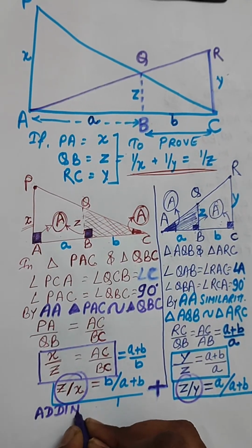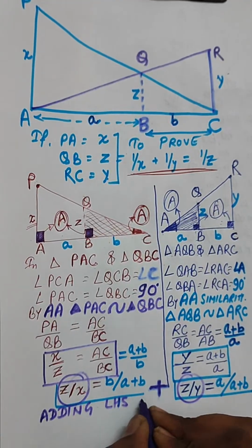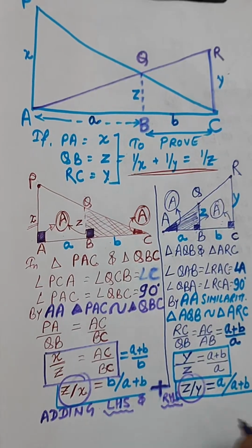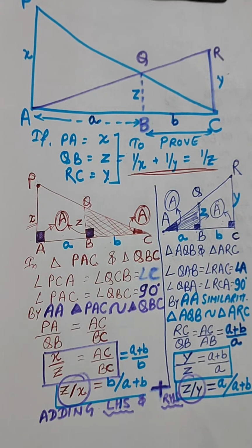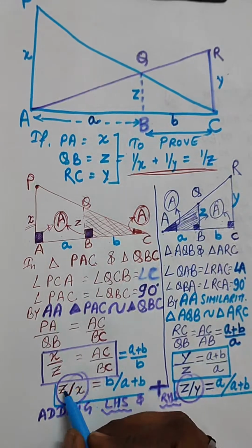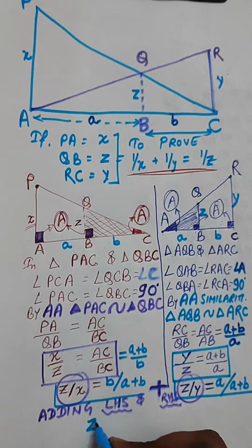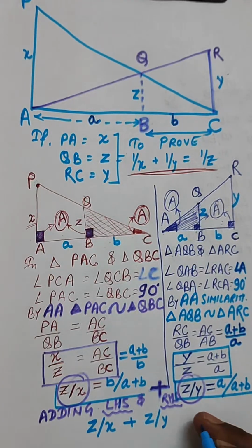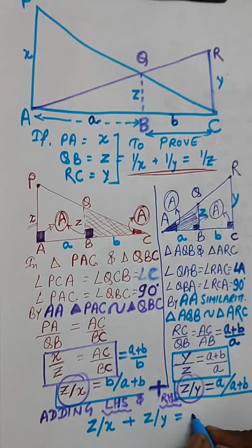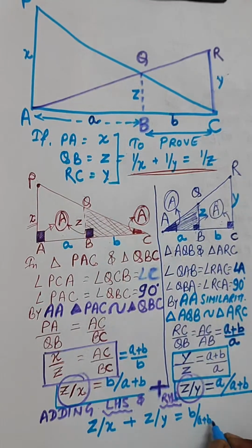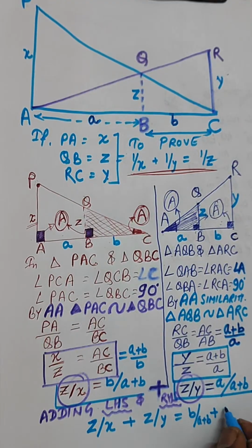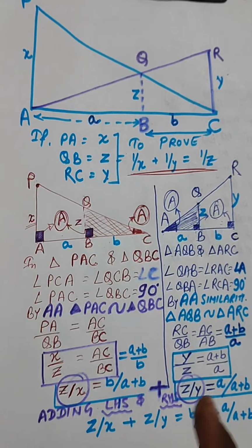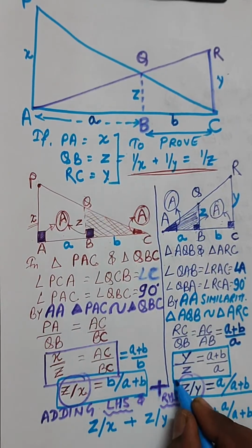Adding LHS and RHS, this will give you z by x plus z by y is equal to b by a plus b plus a by a plus b, because one equation is this one, another is this one.